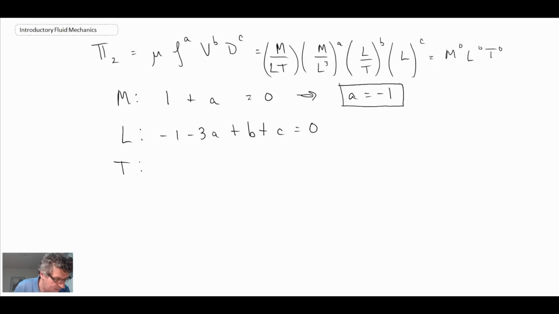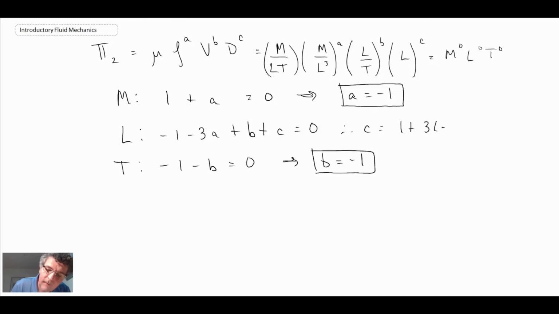Let's move on to time. So from time, we get b equals minus 1. Plug a and b back into the length equation. We get c is minus 1.